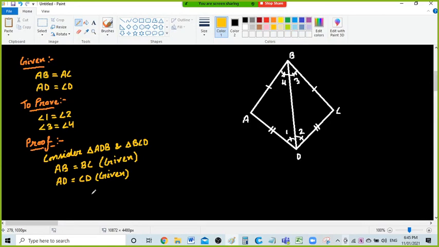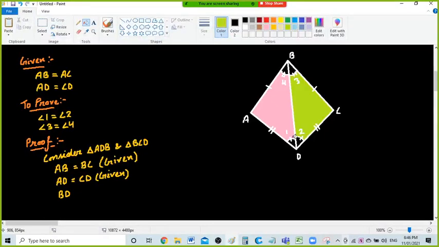Fine. Now, if you look at this, BD is a line which is common in both these triangles, right? If I put some color code on these triangles, BD is common on this triangle as well, and BD is common on this triangle as well, right? So we can straightforwardly write that BD equals BD, and that's common.